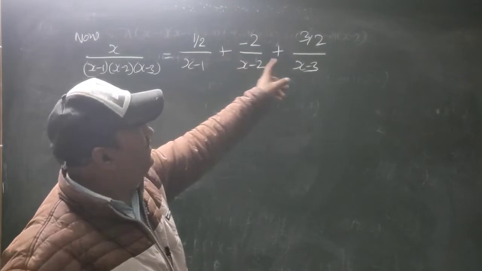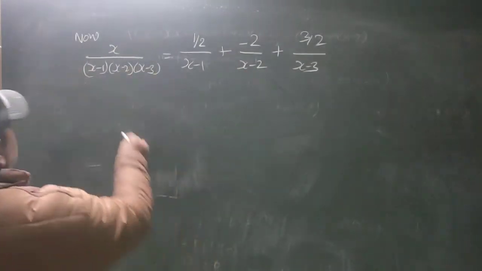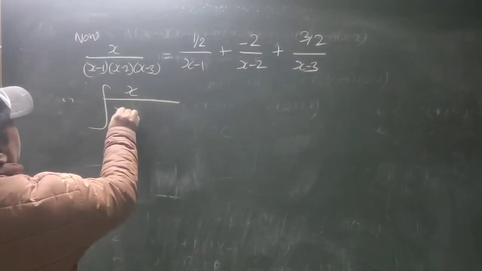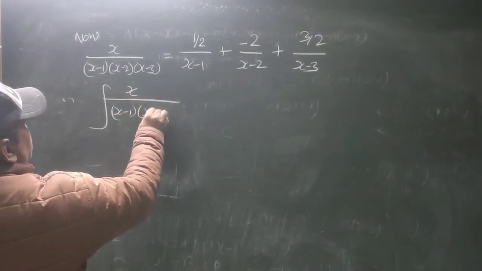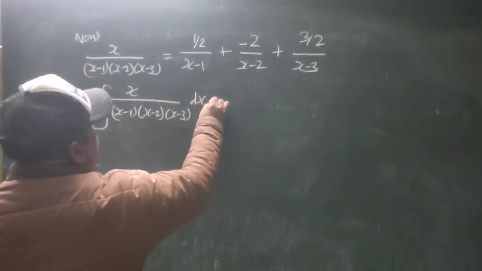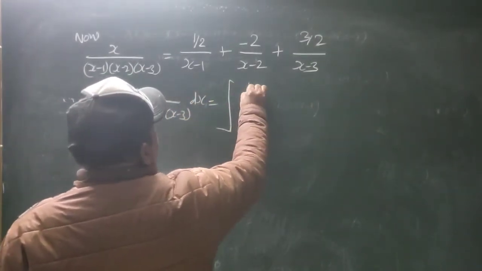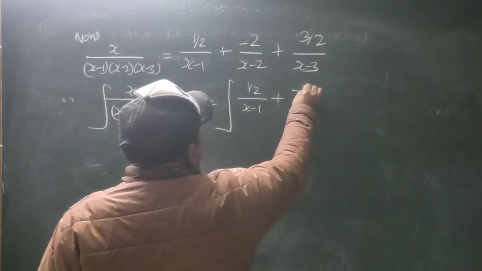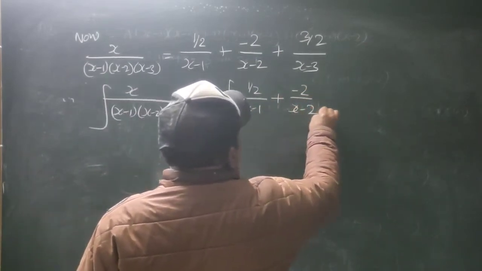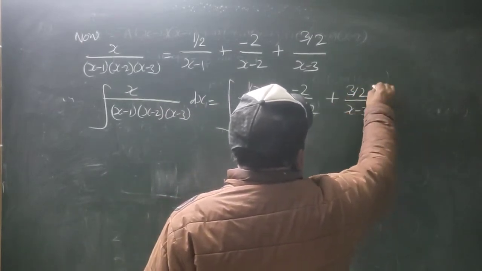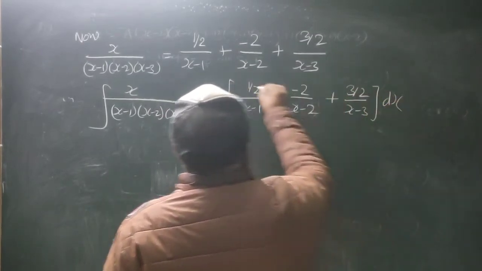These are the partial fractions of this question. Therefore, integration of x upon (x minus 1)(x minus 2)(x minus 3) dx is equal to integration of (1 by 2 upon x minus 1 plus minus 2 upon x minus 2 plus 3 by 2 upon x minus 3) dx.